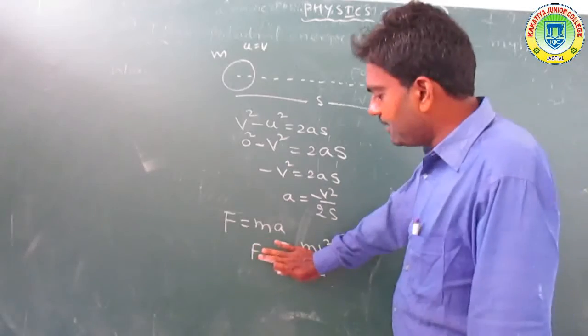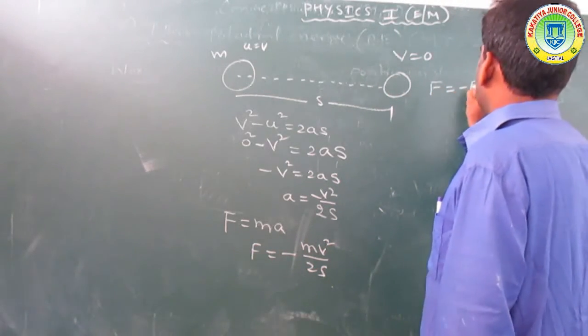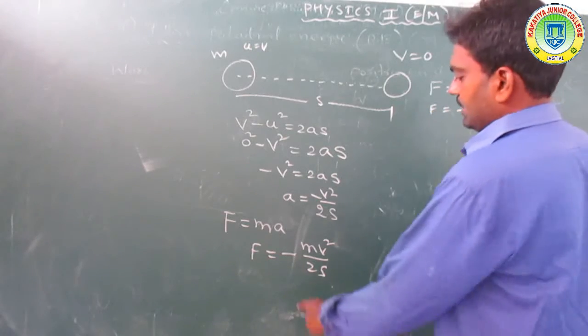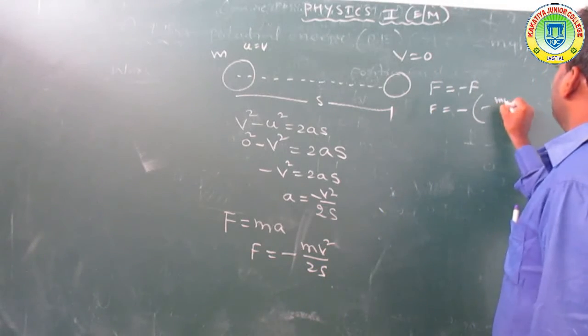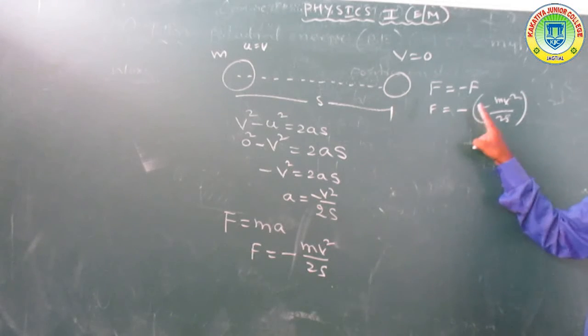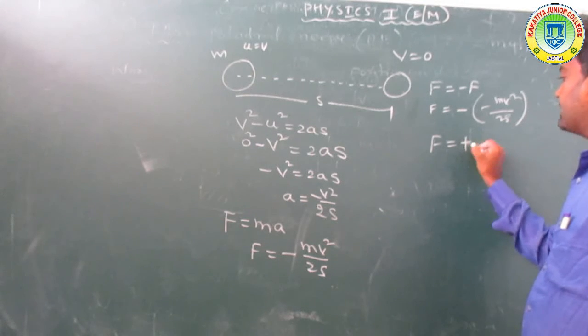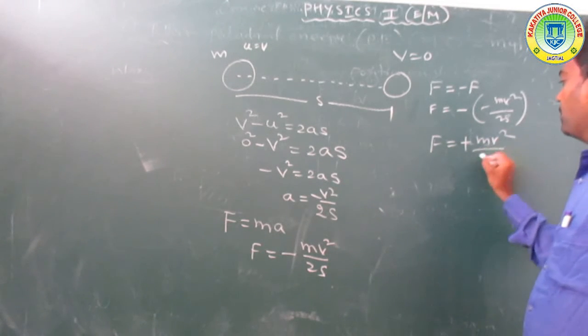So now the applied force is taken as action, and action is equal to minus reaction. So F is equal to minus into minus m v square by 2s, so F is plus m v square by 2s.